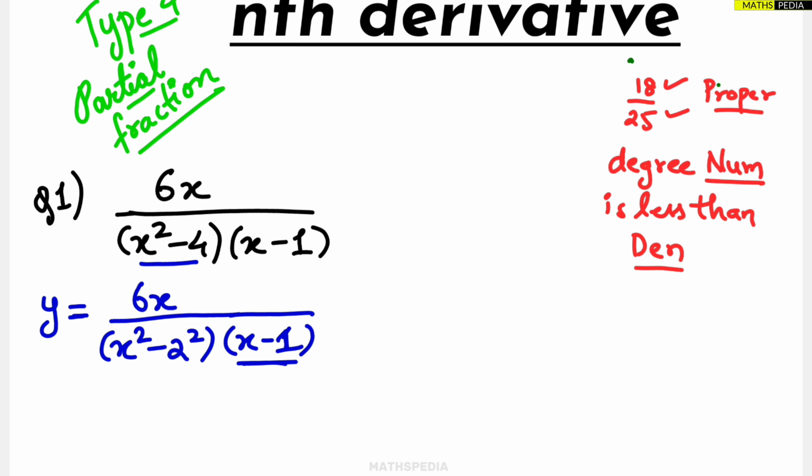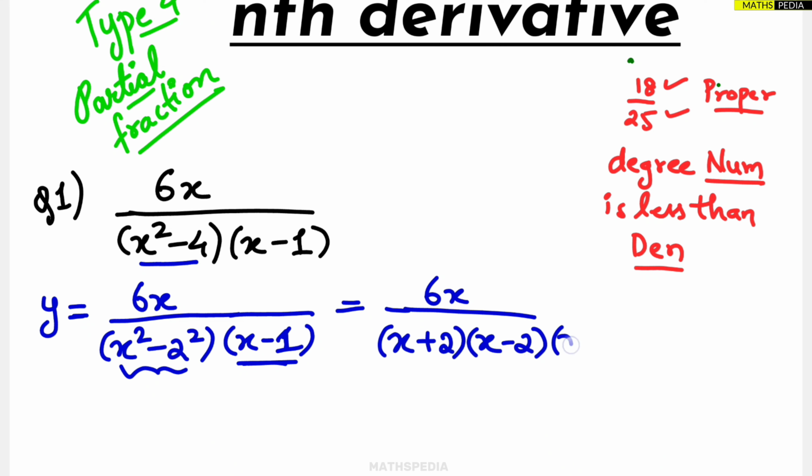Now simplifying, it is a square minus b square, which is a plus b into a minus b. So it will be x plus 2 into x minus 2 into what is left out, x minus 1, correct? This is the simplified version. Now we have got three linear factors.